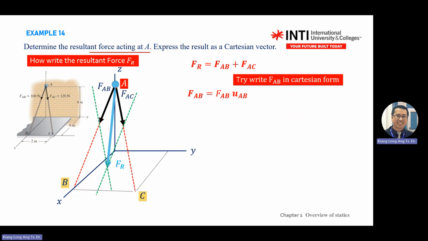UAB is the unit vector for the force. Don't confuse the R and U. R is a position vector, to help you calculate U. Don't write R here. If you write R here, wrong idea. Don't confuse between the R and U. U is a unit vector. R is a position vector.